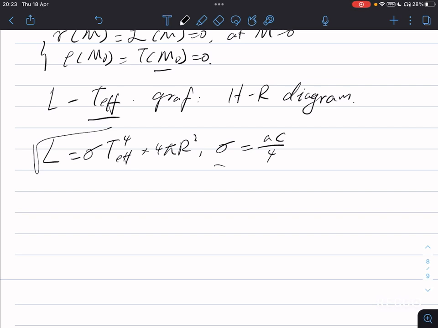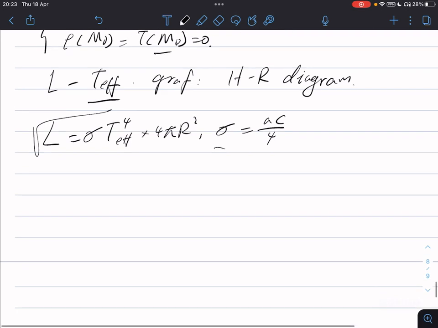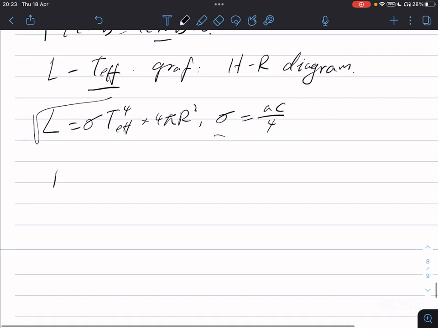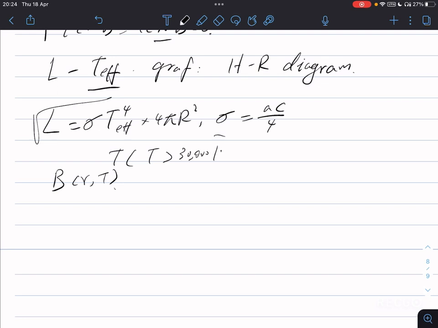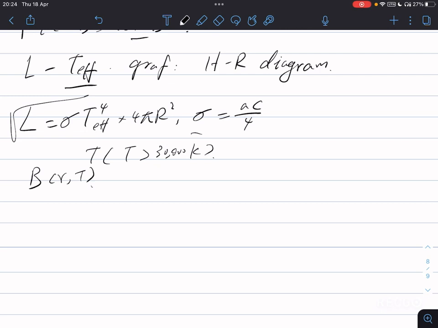To understand this, we recall something we have learned in statistical mechanics. Consider the Planck blackbody distribution. For high temperature T, in stellar physics we always consider T larger than 30,000 Kelvin, then h nu over kT tends to 0.